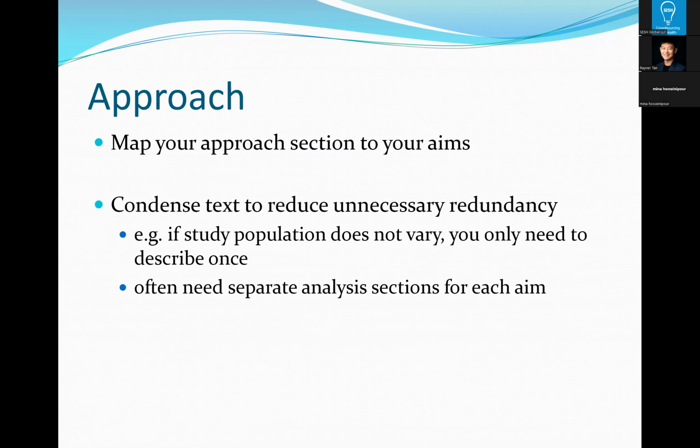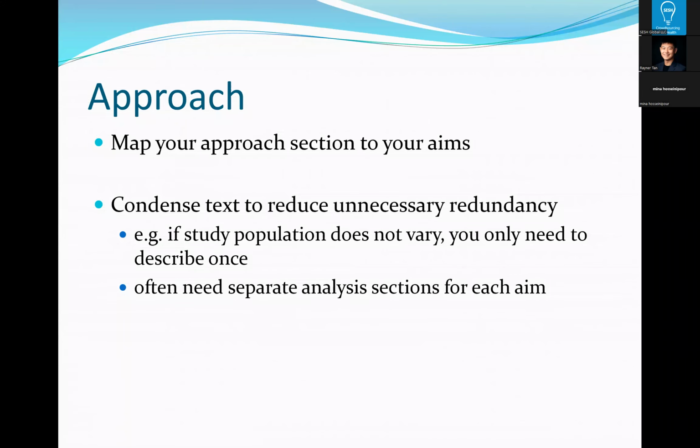It needs to be in the order of your aims, give or take, and follow the logic of your aims. You're working within page limits: only 12 pages for an R01 and 6 pages for an R21.